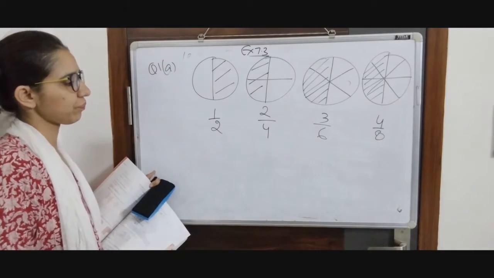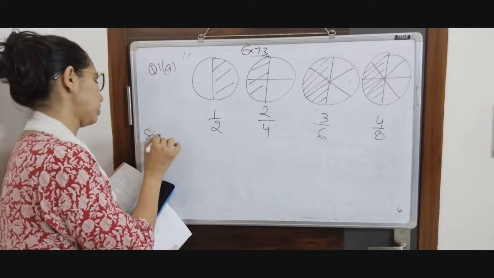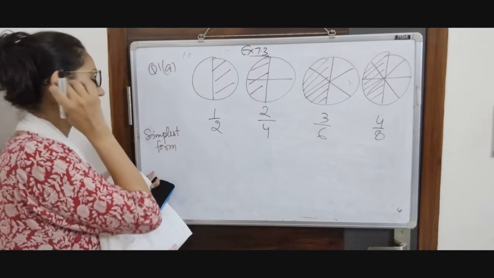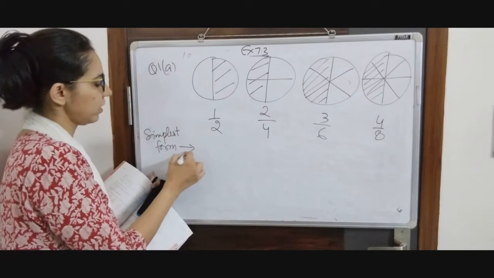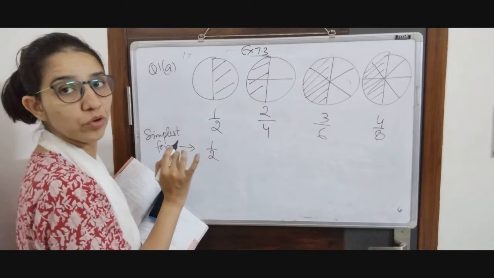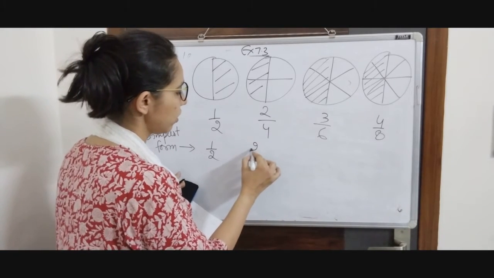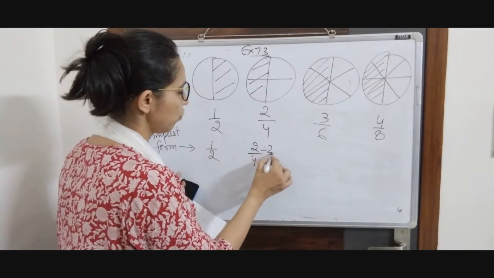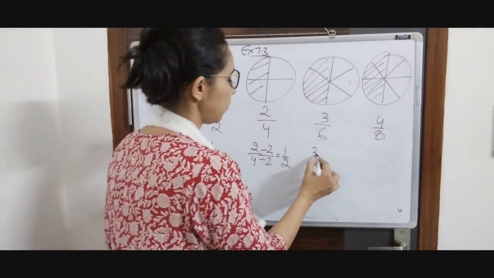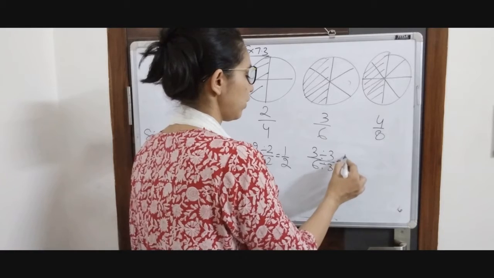So now I am going to write them in the simplest form. You know how to write fractions in simplest form? We divide the fractions by their HCF. So the HCF of 1 and 2 is 1, so it is written as it is. For 2 by 4, the HCF is 2, so we divide by 2 and get 1 by 2. And 3 by 6, the HCF is 3 for both of these, so we get 1 by 2.